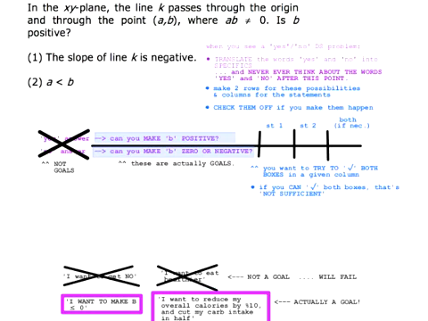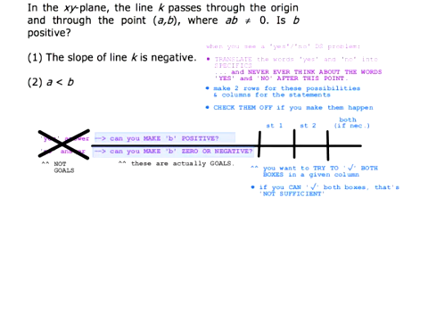This is a thing. So, statement one, we know that we have a line that goes through the origin, which is 0, 0, and its slope is negative. That's basically all we know. And then remember that A, B is any point except 0, 0.